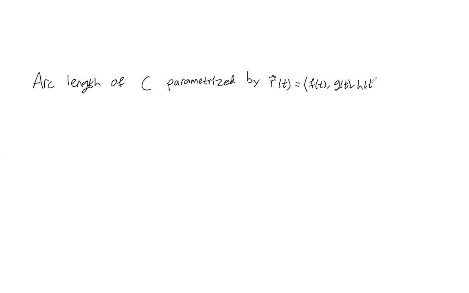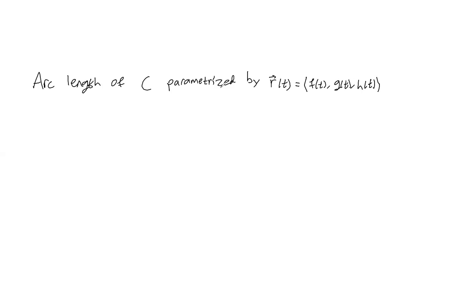So here's a question to start us off. Now this is about arc length. If you've got a curve and it's parameterized, that's just a fancy way to say it's given by this function r of t, and r of t is just these three different functions, f of t, g of t, and h of t.